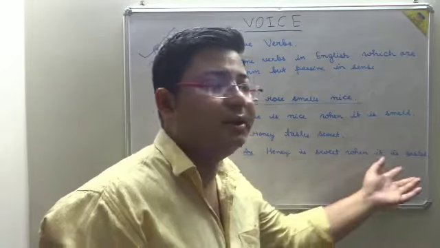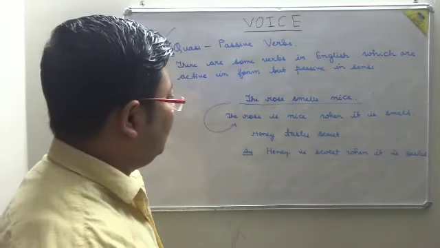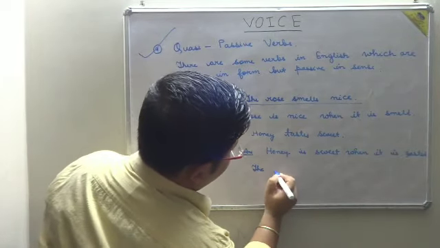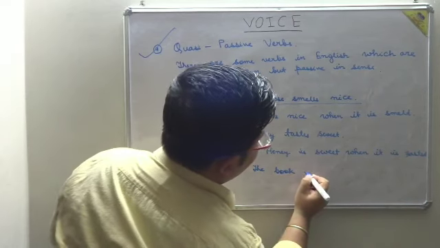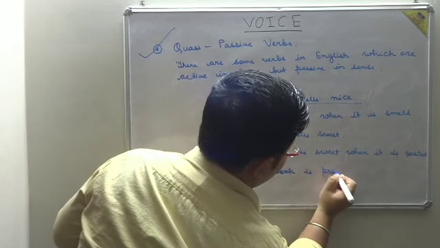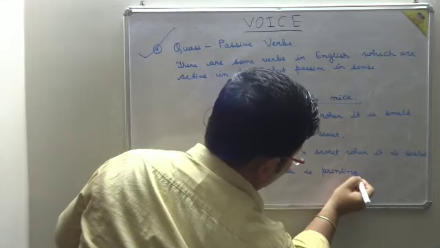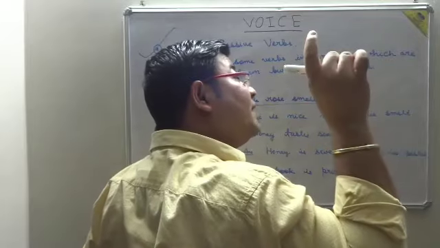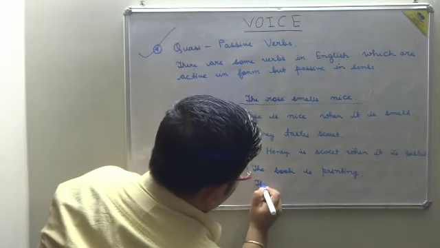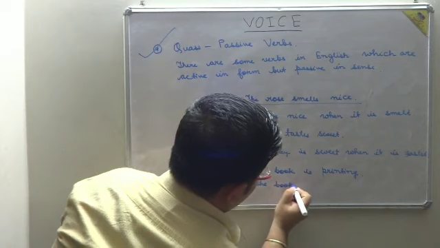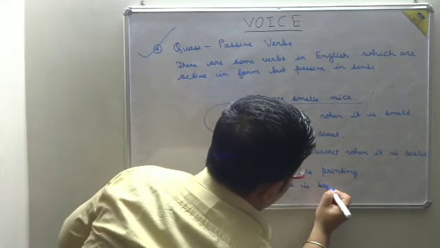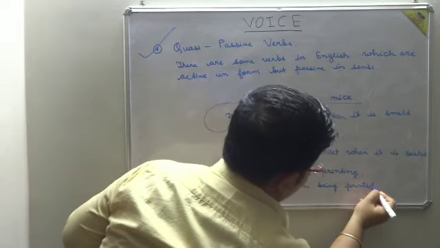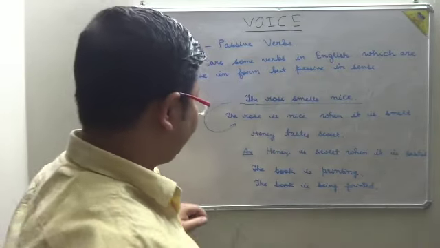Honey is sweet when it is tasted. One more example I will give you. The book is printing. See, this is continuous, so I will use the word being. The book is being printed. Just observe here.